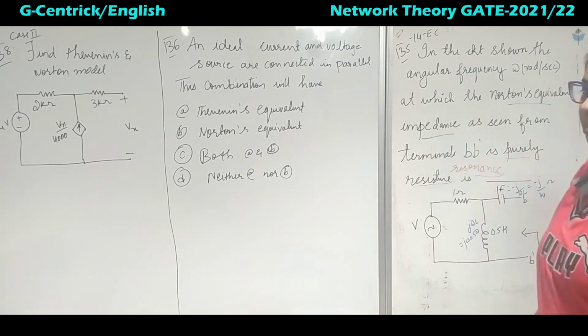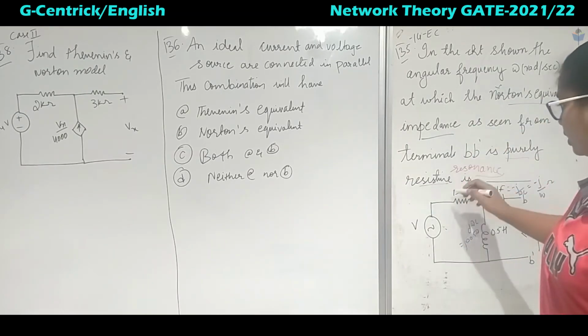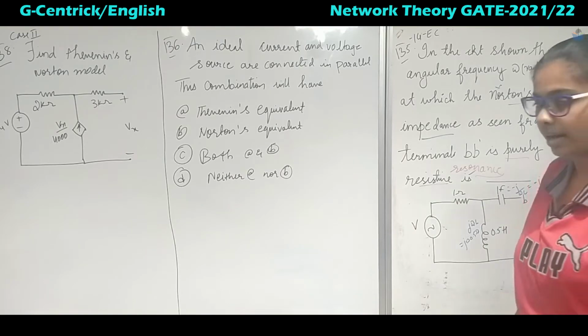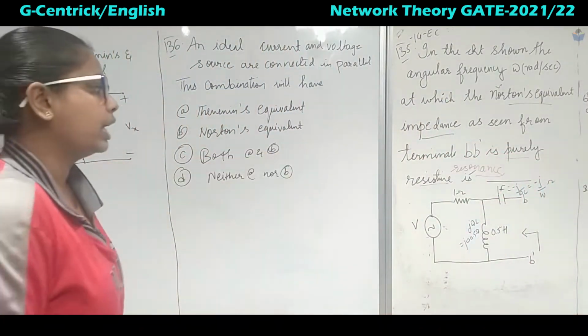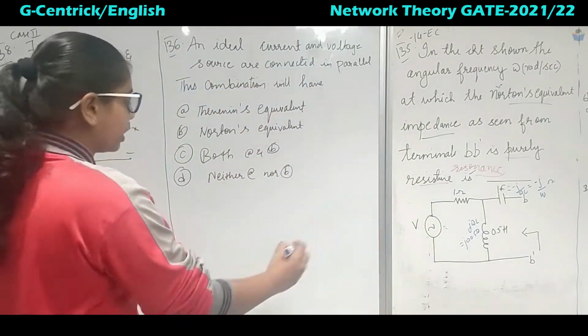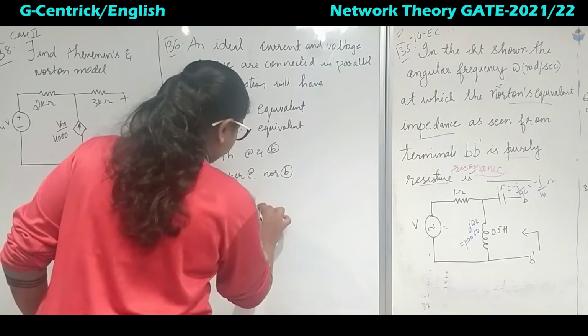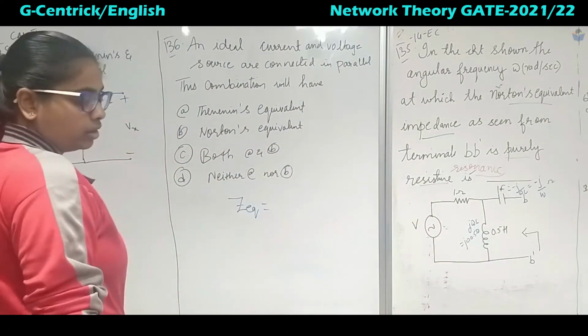They have asked for the Norton's equivalent impedance. This is basically for confusion, but it is the case of resonance. If you are clear with the basic concepts, then you can easily identify that it is the question for resonance. So how do you calculate Z equivalent? These two are in series, then parallel with 1 farad.